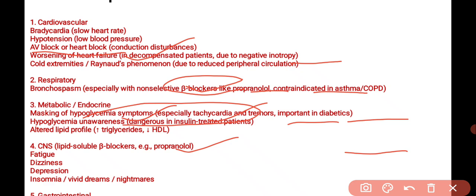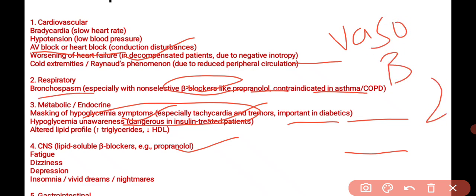It may cause precipitation of vasospastic angina because of the blockage of the vasodilatory effects of beta 2 receptors, and bronchospasm because the beta 2 receptors are blocked. There is hypoglycemia, and because skeletal muscle contraction is inhibited, it may cause decreased daily performance. It may increase the lipid content, and it may cause bad dreams, insomnia, dizziness, depression and all this.